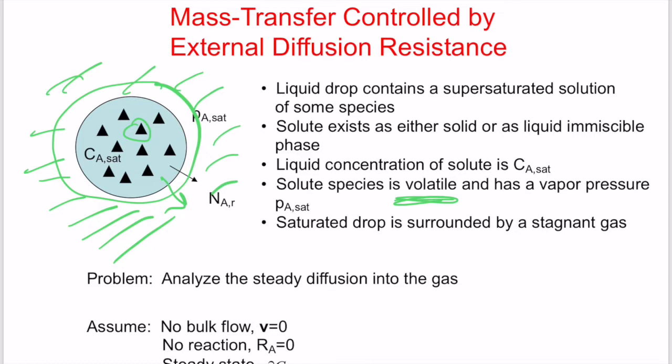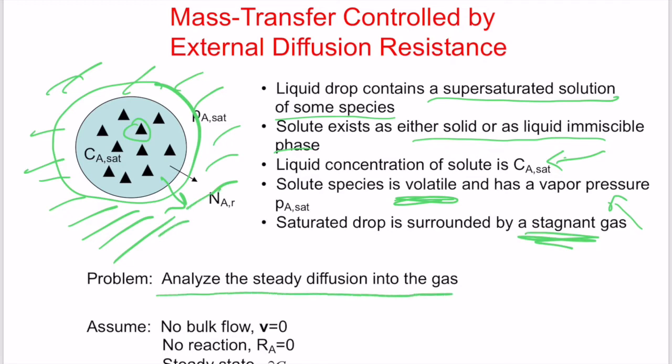And what we want to do is find the concentration within the surrounding medium. It contains a supersaturated solution of something, it doesn't matter if it's a solid or a liquid, and it's in the droplet at that concentration. It is evaporating into the surrounding medium, and the medium itself is stagnant.